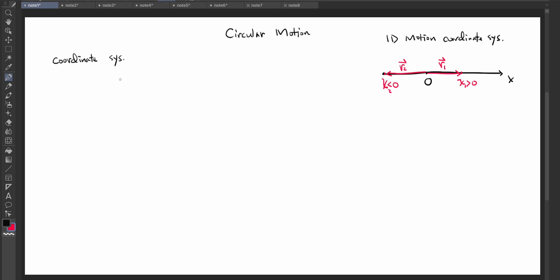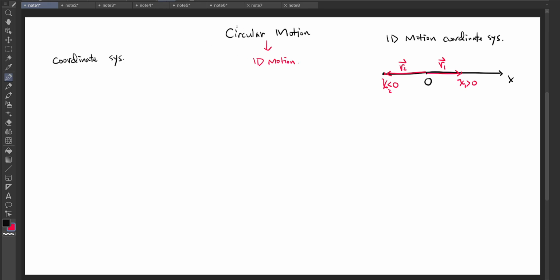The reason is because this circular motion, when we confine it at a certain distance to a center point, then we say this circular motion is actually a 1D motion. So circular motion is actually a 1D motion.